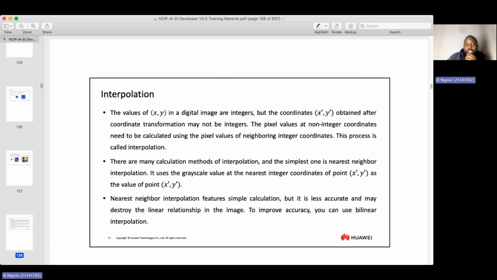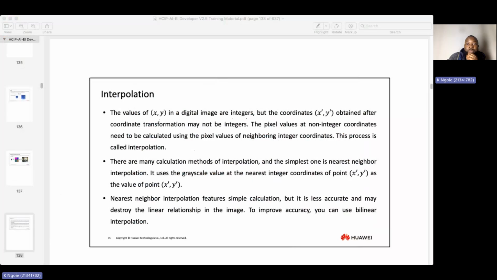So for us to make sure that we remain with integers, we need to introduce a fundamental concept in image processing and AI, which is interpolation. That means that interpolation comes into play whenever an image is resized or rotated or we have done a geometric transformation.